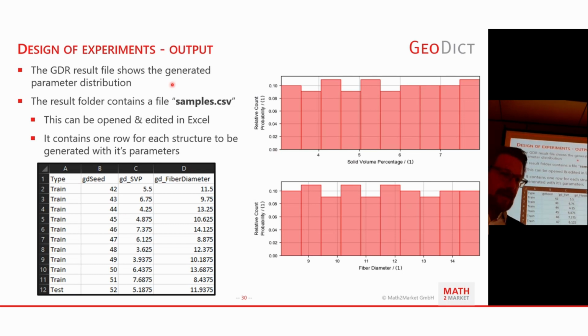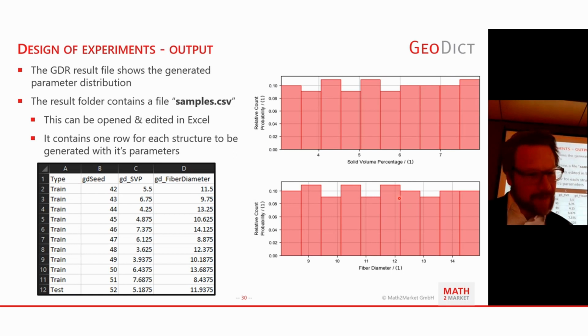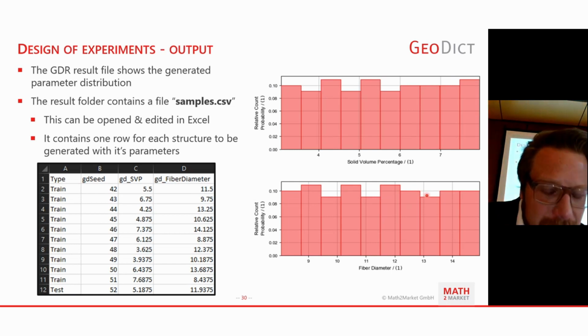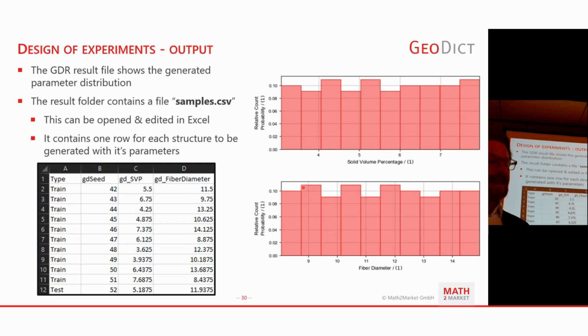You get a GDR result file from design of experiments, and within that result file, you will find for each variable a plot which shows you how the value distribution of that variable looks. So you can see here, I don't know if this was actually for 100 structures, anyways, you can see here that it has achieved a pretty uniform distribution of these two variables, which might not have been the case if we had chosen random before. You can actually see the difference if you choose random and Sobol, if you only generate a small number of structures especially.